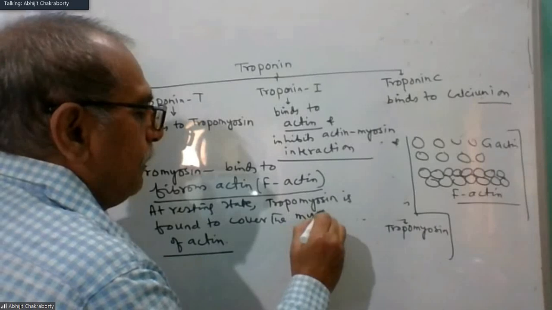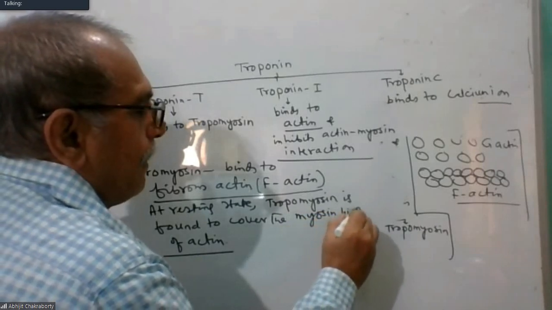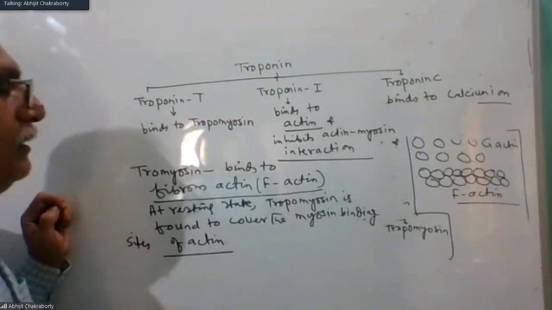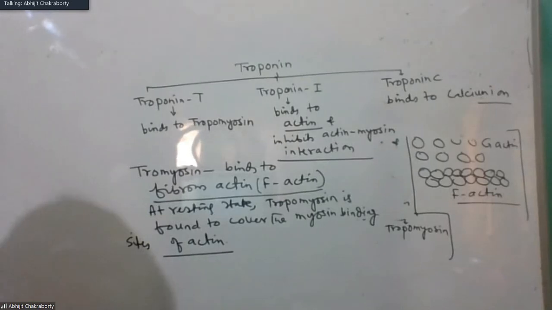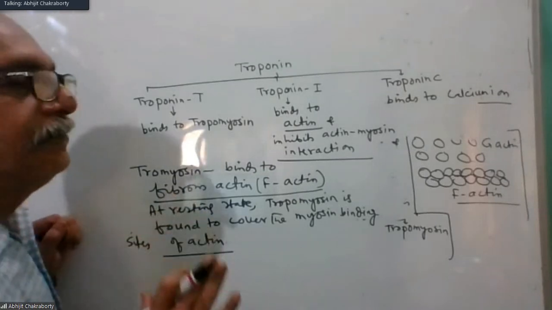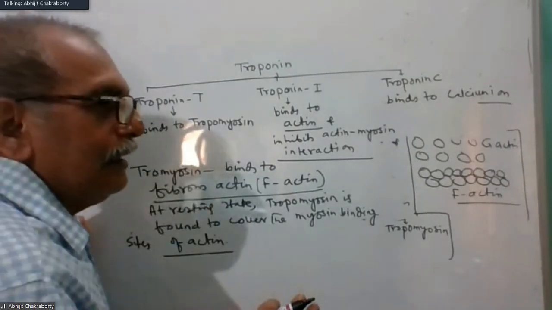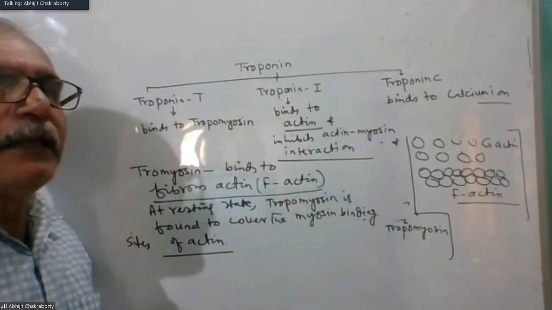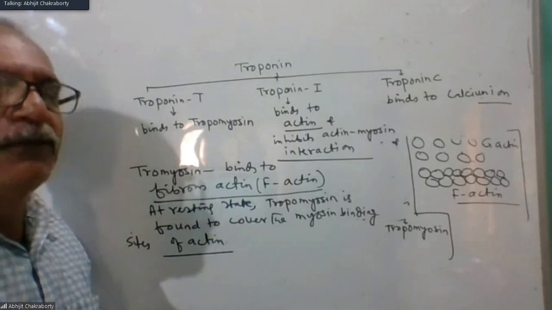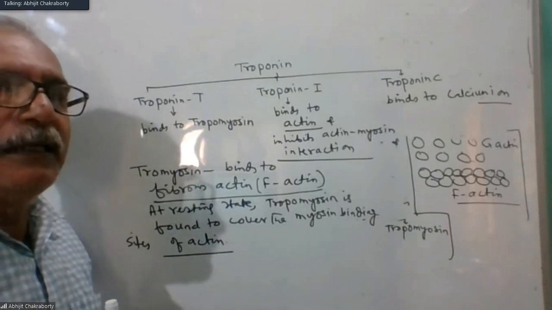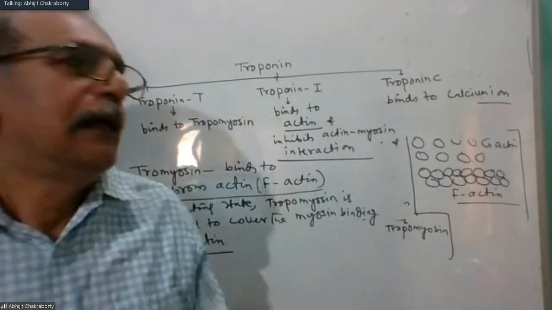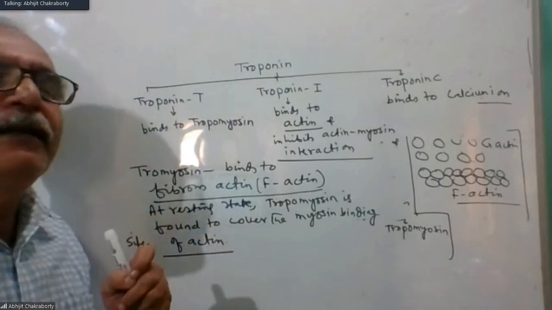We have to write that, so that myosin cannot bind to actin. Clear? So at resting state, when troponin is active, tropomyosin covers the active sites of the actin, so that myosin cannot bind to actin and an actomyosin complex cannot be formed. Clear?